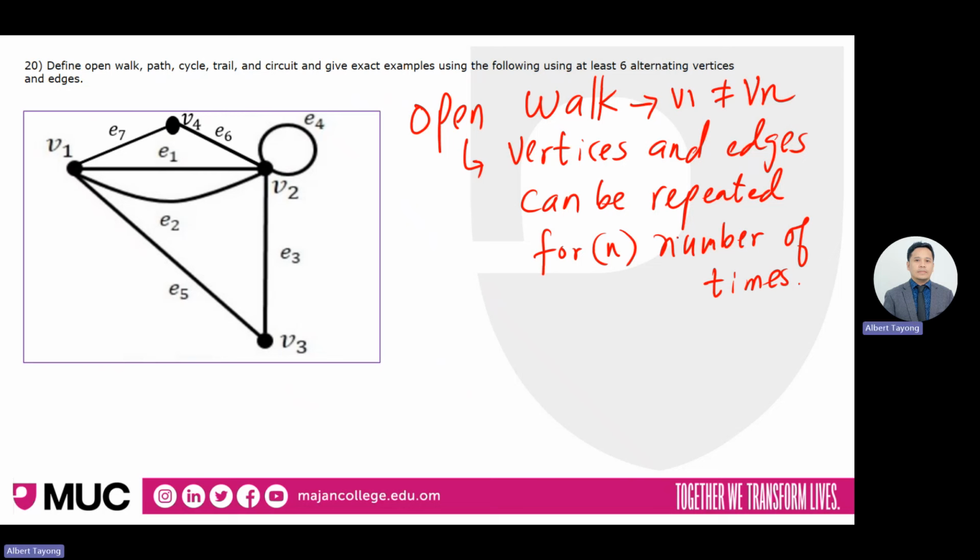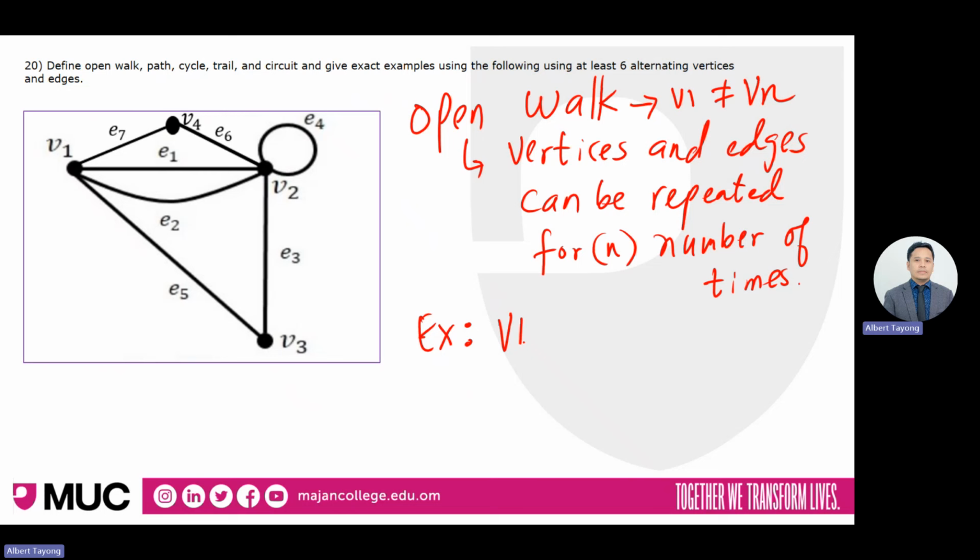That means you can repeat the vertices and the edges n number of times for as long as you want until infinity. Okay, so you can also say it is a movement from one point to other points where the first vertex is not equal to the last vertex, and vertices and edges can be repeated until infinity.